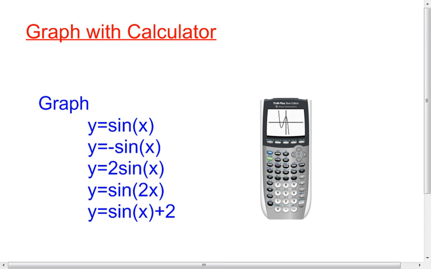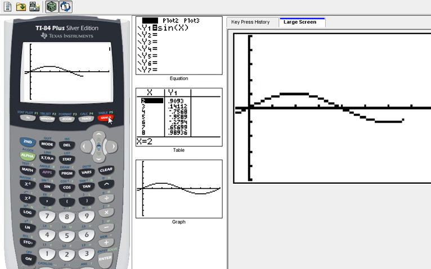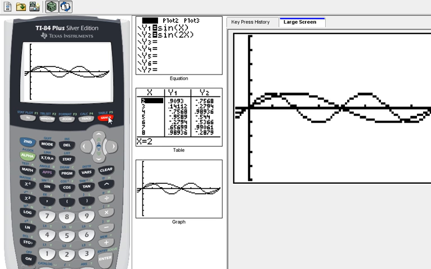Now I want you to graph sine of 2x. So putting that 2 in a different place this time. Notice what that did is it made you have curves more often.